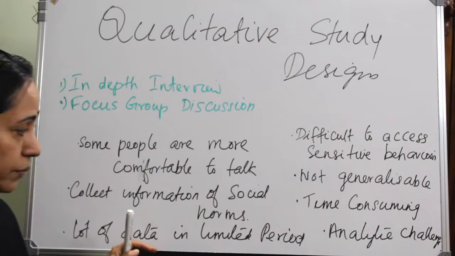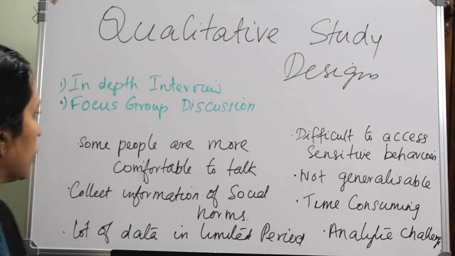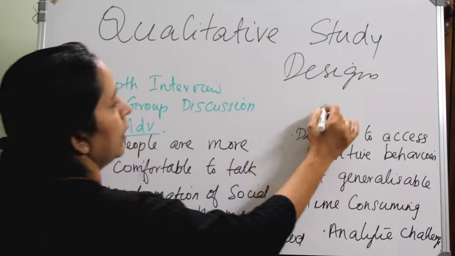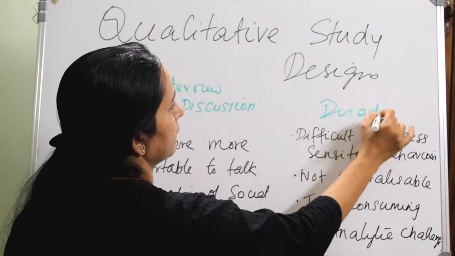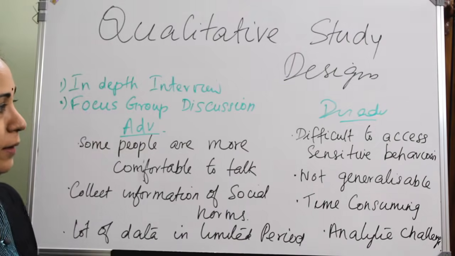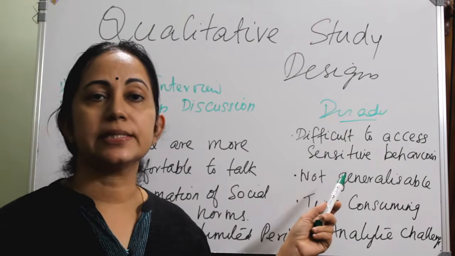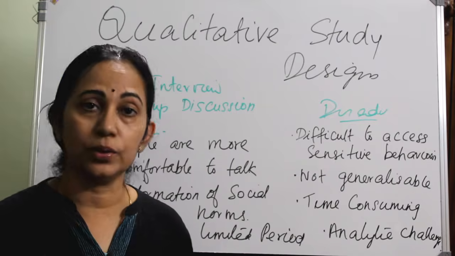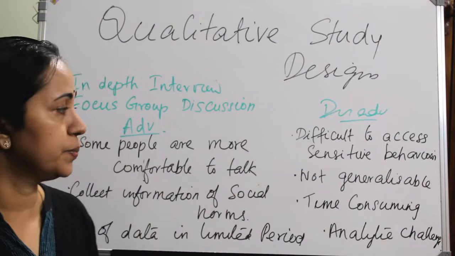So we will get a lot of data in a limited period. So all these are the advantages. And the disadvantage: it is difficult to assess sensitive or personal behaviors. Some persons will not talk about their own personal behavior in a group setting.